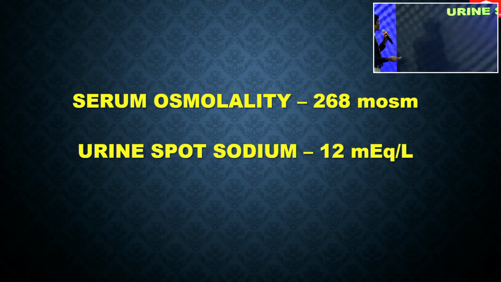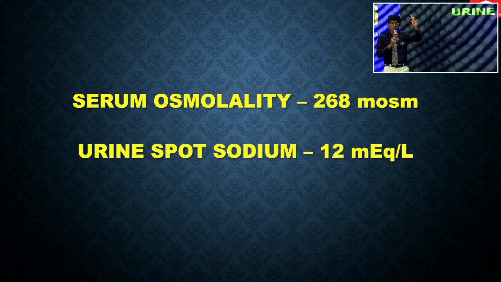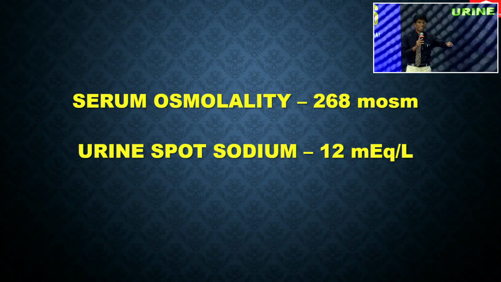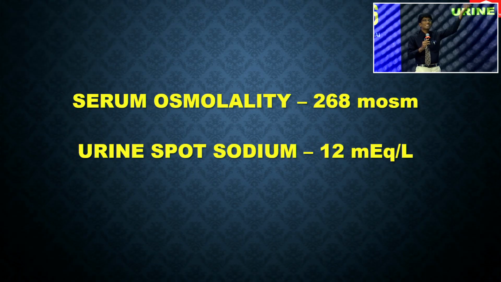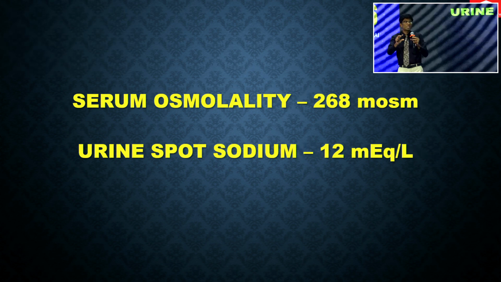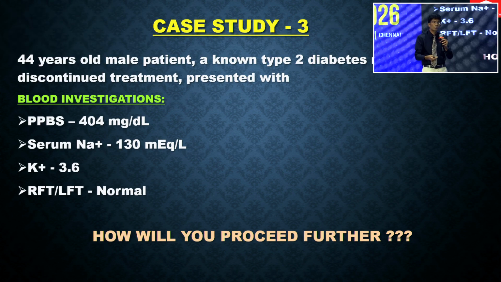And another important point, urine spot sodium. I told you 4 investigations. One, serum osmolality. You do serum osmolality and expect decreased serum osmolality. If there is normal or high serum osmolality, rule out pseudo-hyponatremia. Then another important one is urine spot sodium. What is the importance of urine spot sodium? If urine spot sodium is less, what happens? Our body tries to absorb the sodium very avidly.